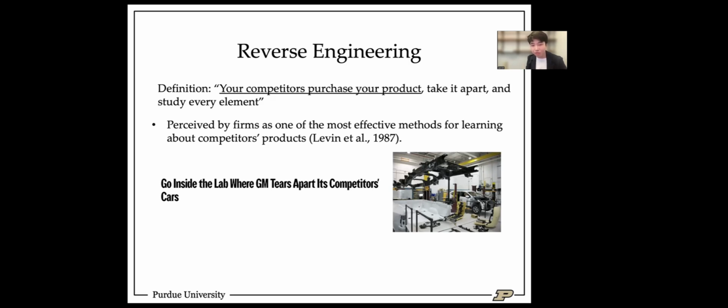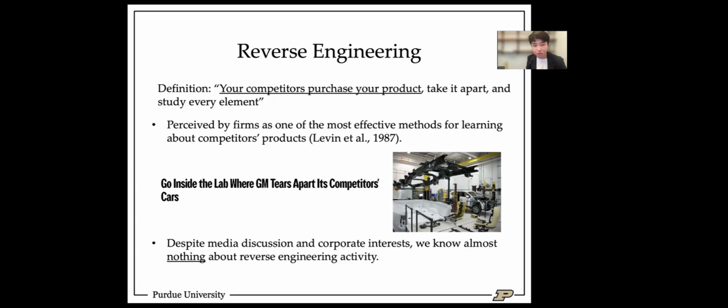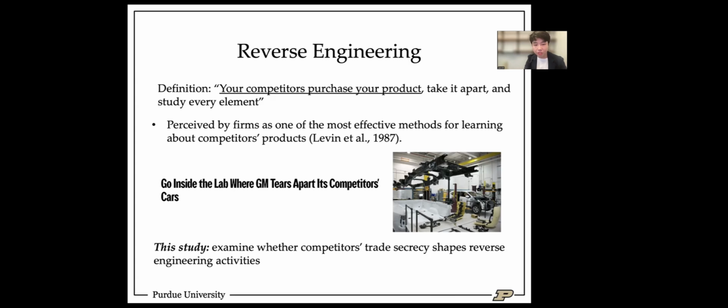We see this type of thing a lot in anecdotal evidence, but we really don't have a lot of evidence regarding how this actually happens. How can we even identify this in the data? That brings us to our key research question. We're going to study how competitors' trade secrecy shapes these types of reverse engineering activities.